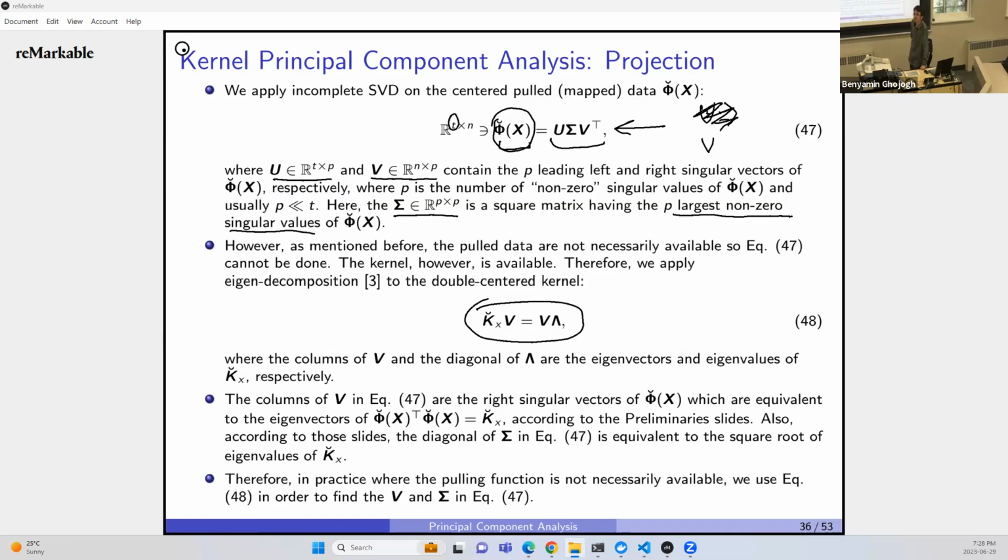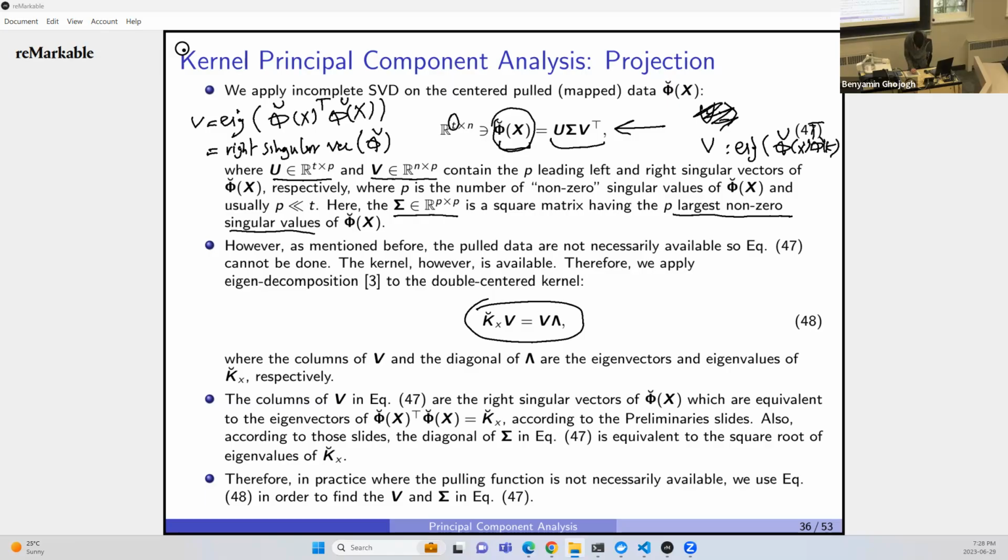According to the proposition in the preliminaries, it is also the eigenvectors of Phi hat transpose Phi hat.